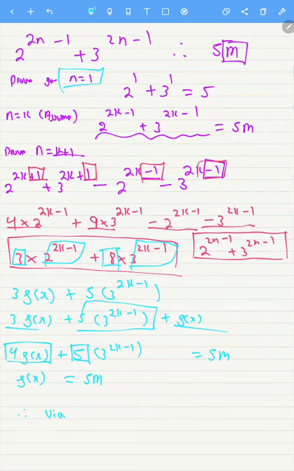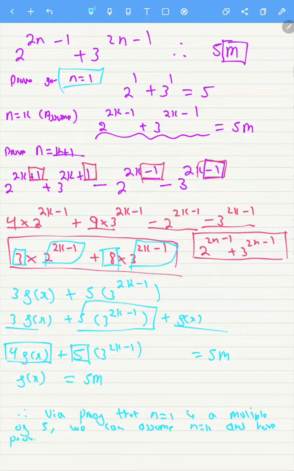Therefore, via proof that n equals 1 is a multiple of 5, we can assume n equals k and have proved n equals k plus 1 to be a multiple of 5.